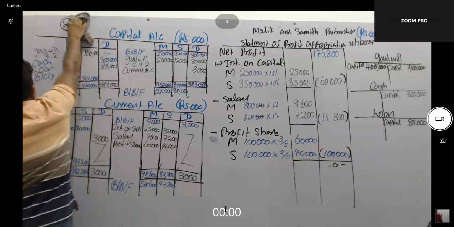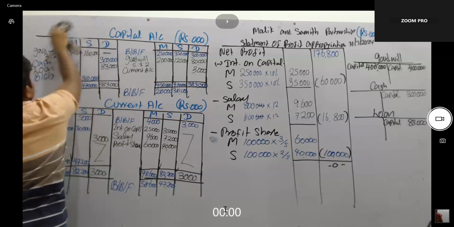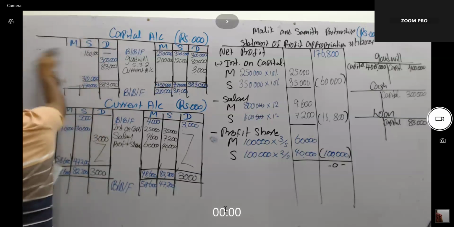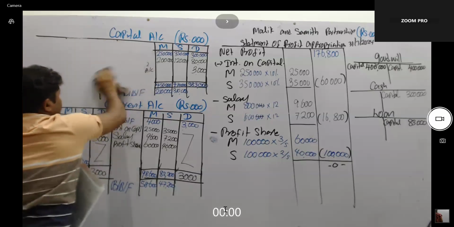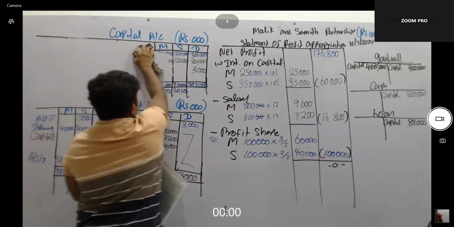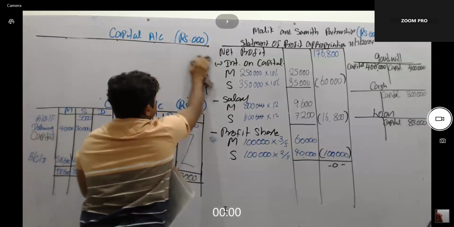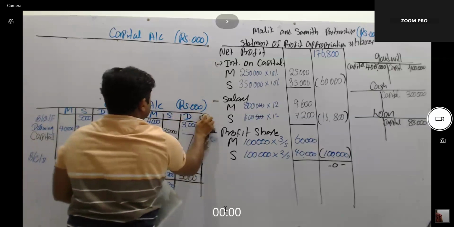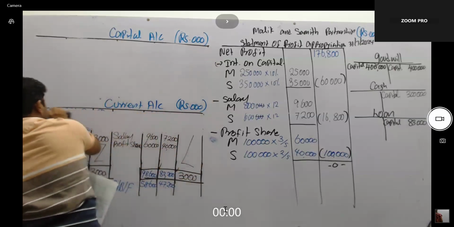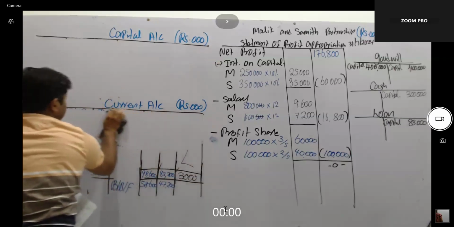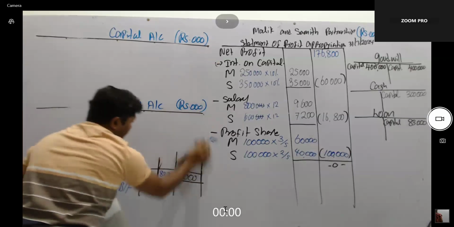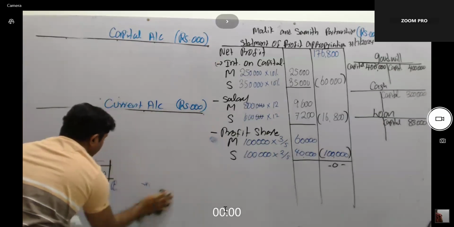Question number 27. Capital and current account, 3 columns. Capital account as well as current account, 3 columns. First one, do the format. Retirement is at the end of the year. Therefore, the retired partner is also available during the current period.